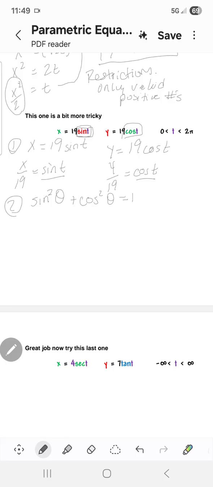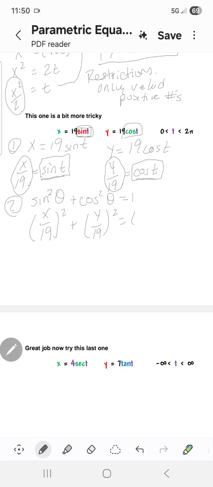Because I have sine and cosine as linear functions, I can plug these in. So instead of sine squared, it's x over 19 squared, and instead of cosine squared, it's y over 19 squared, equals 1.